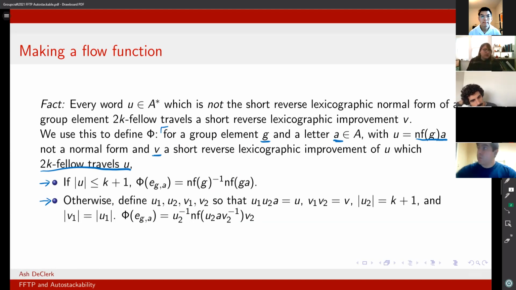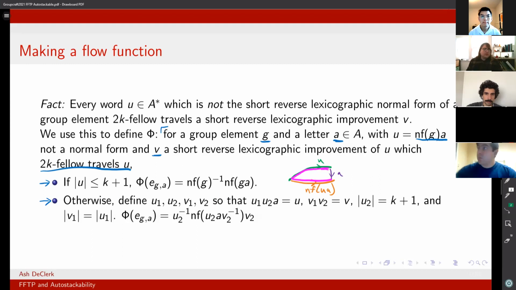So we've got u along here, we've got a along here, we've got the normal form of ua along the bottom. We're going to say the flow function sends that edge labeled by a to this pink path. And that's great, but that's only going to happen for sufficiently short u's.